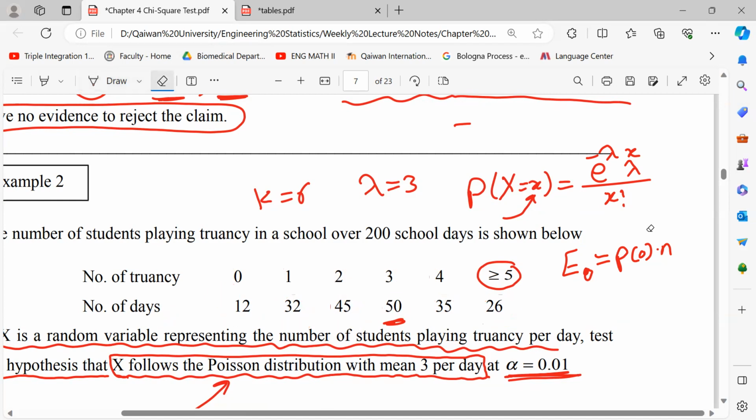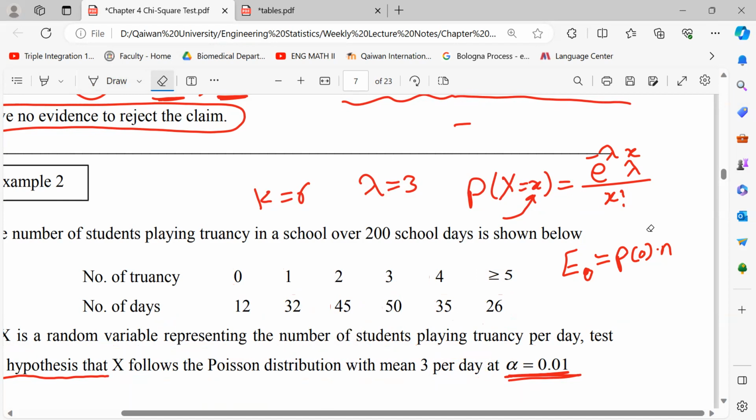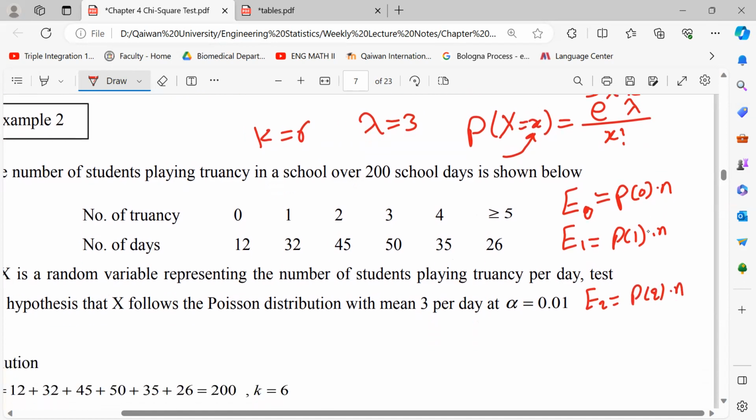Then, what we need in finding the expected frequencies: for E of 0, how about E of 1? It's probability of 1 times n. E of 2 is probability of 2 times n, and so on. How about E of greater than or equal to 5?